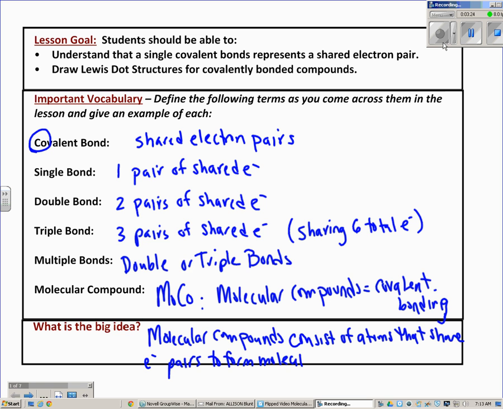And we're going to be able to model this sharing of electrons using electron dot diagrams. Let's see what this looks like.